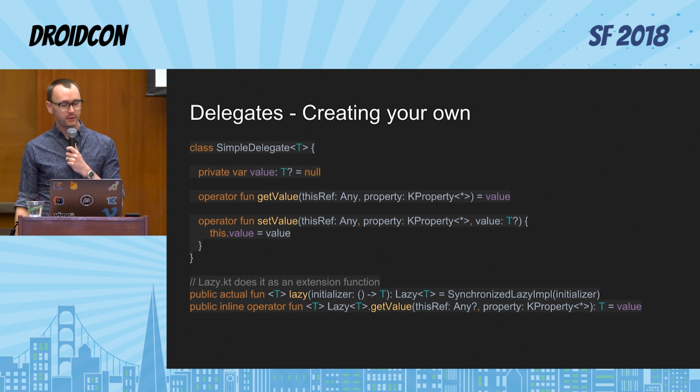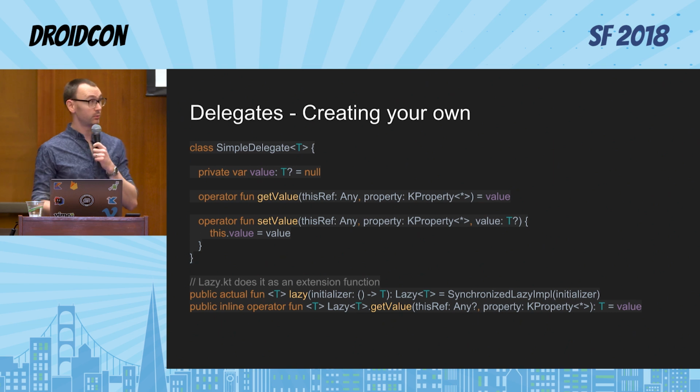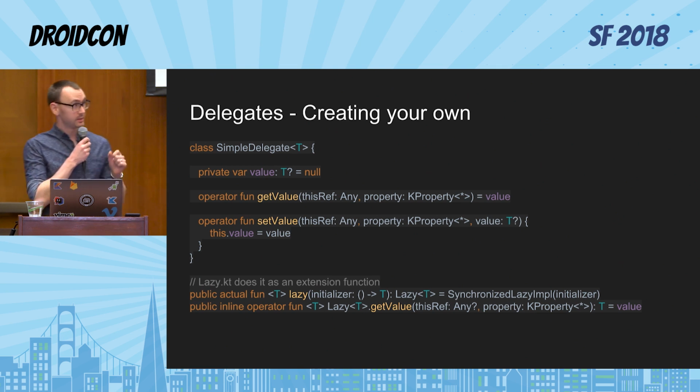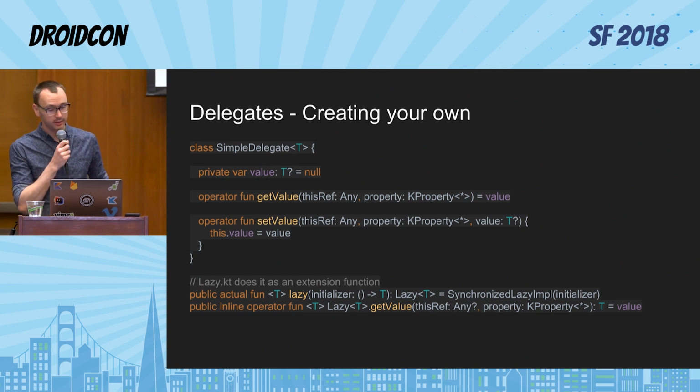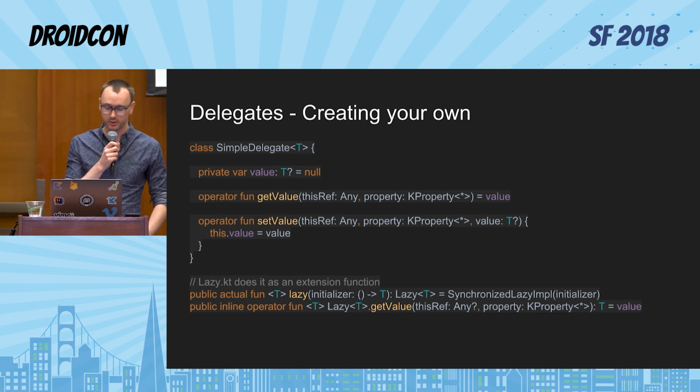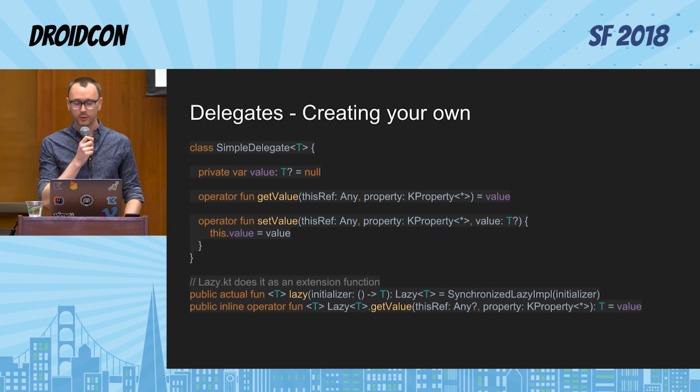Like I said, that interface is actually optional. So this code is the exact same: same method signatures with the operator keyword on them, and this works the exact same way. It's sort of interesting that the lazy delegate that we saw is actually implemented using something like this.